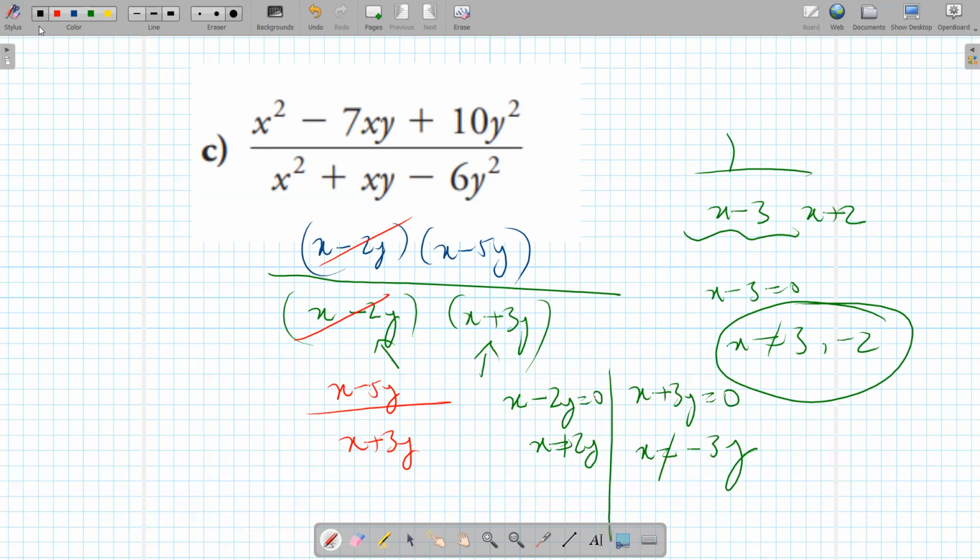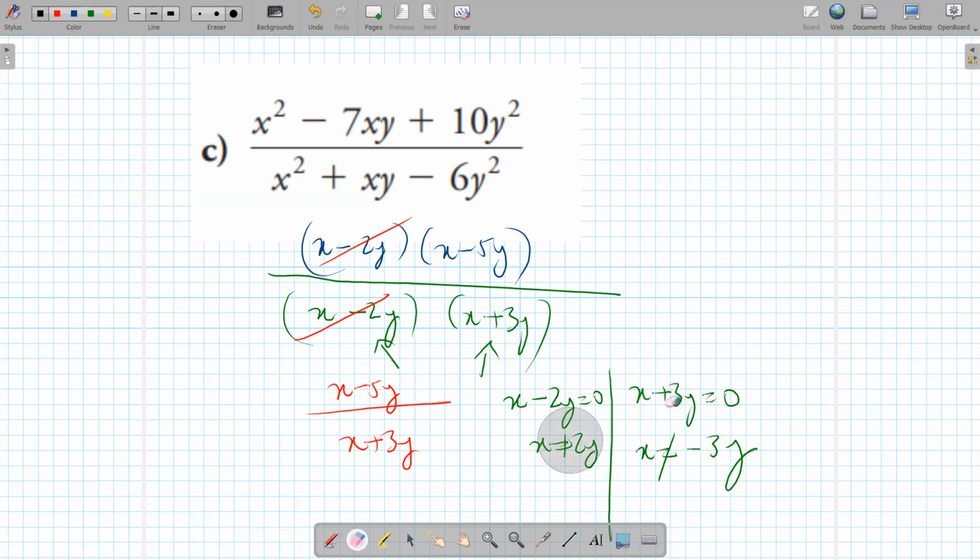What happens if x were to be 2y? You get a 0 in the denominator. In fact, in this case, let me tell you, this is kind of interesting. These two restrictions in this question have different jobs.